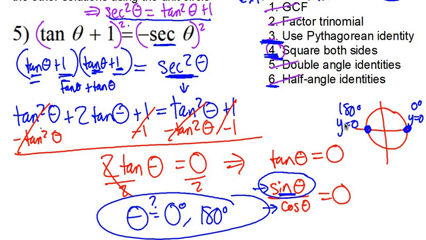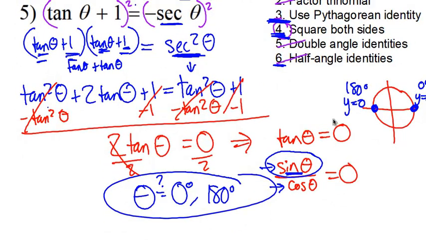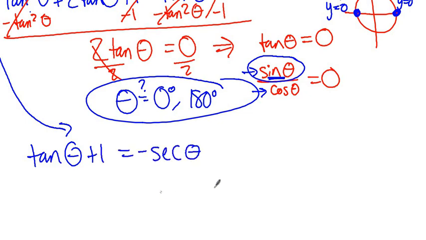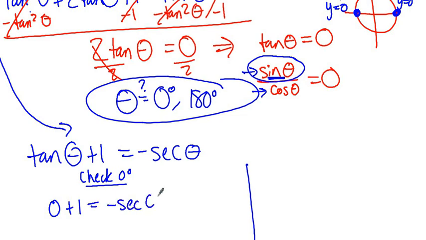So let's take this original equation at the top, which is tan theta plus 1. I'll just move it down here so we can see it. So tan theta plus 1 equals negative secant. That's our equation. And all we have to do is just plug each of these things in and check. So let's start by checking 0 degrees. Tan of 0 is 0. 0 plus 1 equals negative sec of 0.